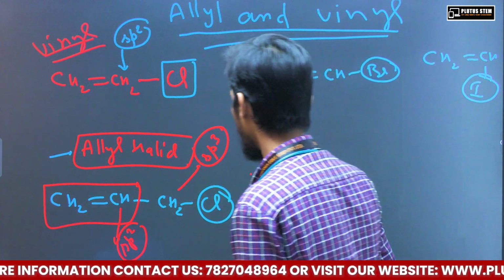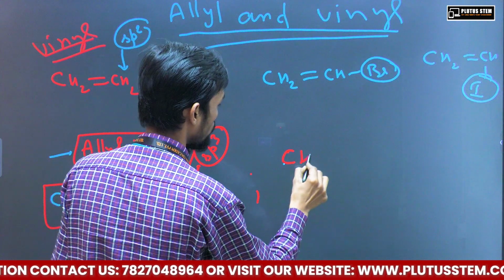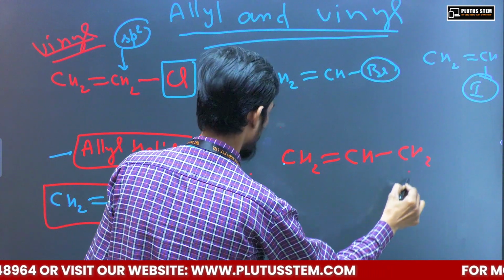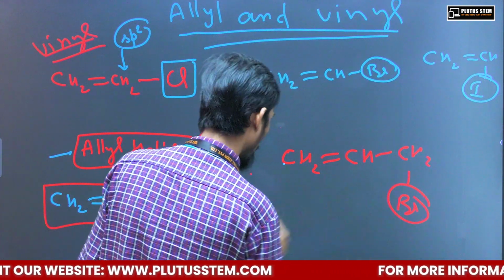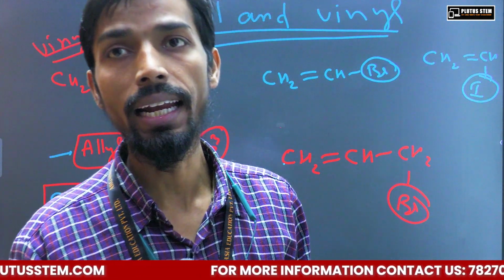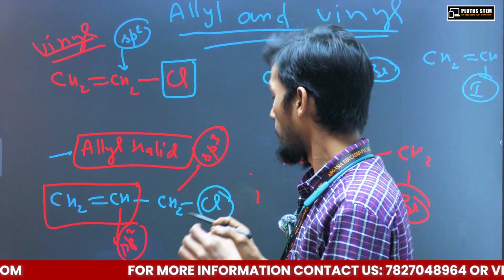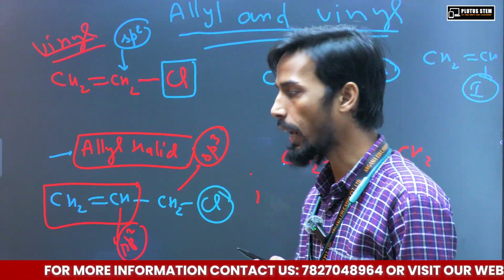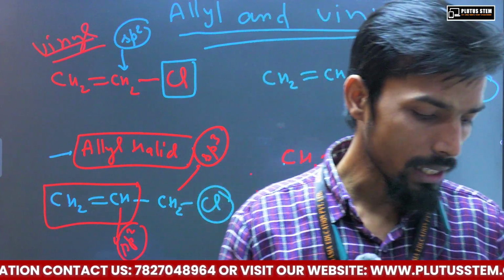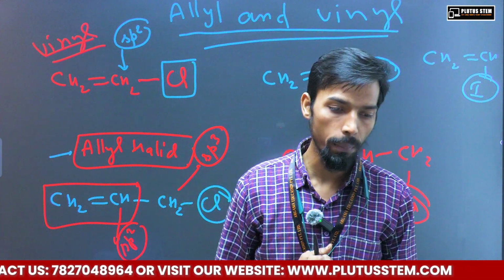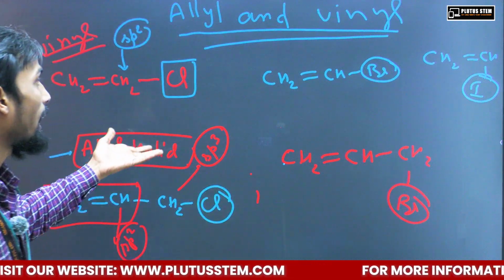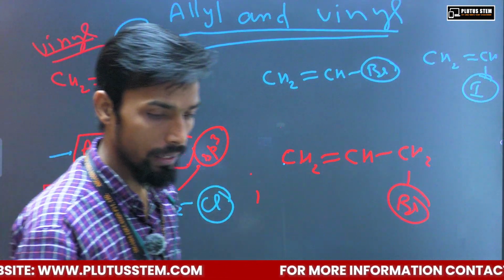So some more examples over here. This is the way we can differentiate between allylic and vinylic, benzylic and arylic. All those four types I have just discussed over here. I have promised that we are going to discuss all these things in quite detail. I hope the things are now clear regarding vinylic, allylic, benzylic and arylic halide.